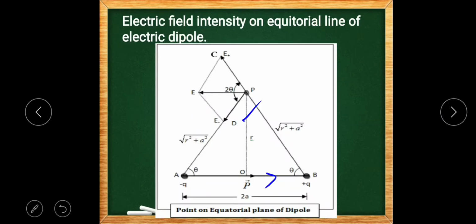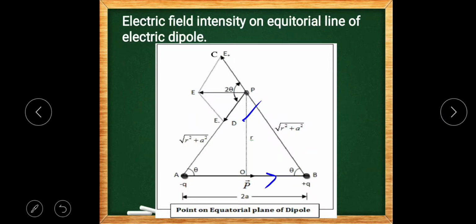Here r is the distance between point P and the center of the dipole O, and 2a is the dipole length, or the distance between the two charges minus q and plus q. Now you have to mention the field direction due to both charges.